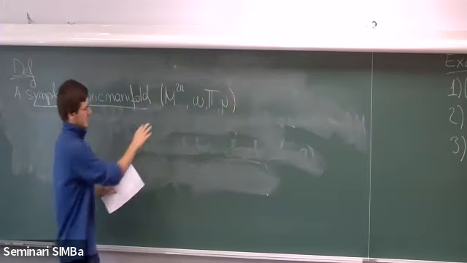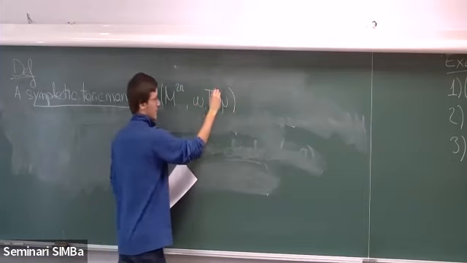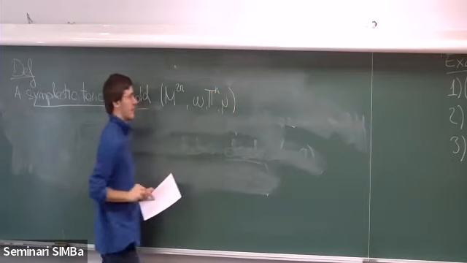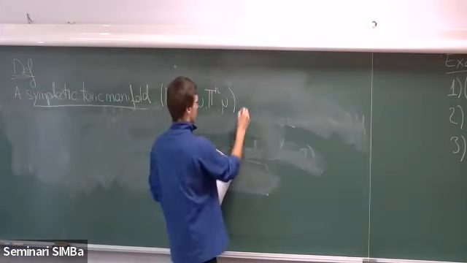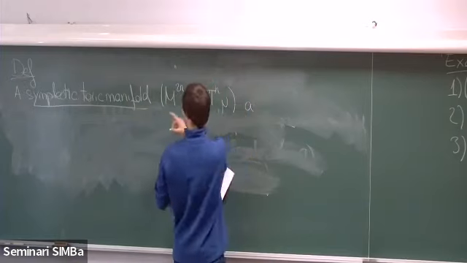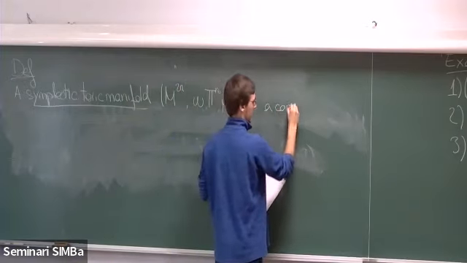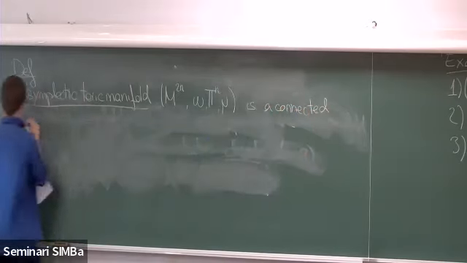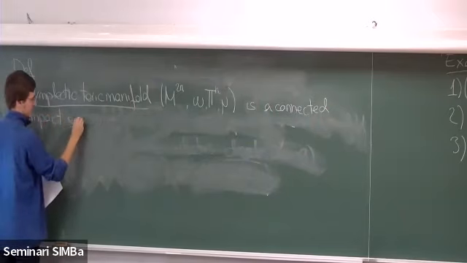You will see that it's a symplectic manifold, what we had until now, with the action of a torus of dimension half of the manifold and some function mu, which is a moment map of this action. So this is a connected symplectic toric manifold. It's a connected and compact symplectic manifold.